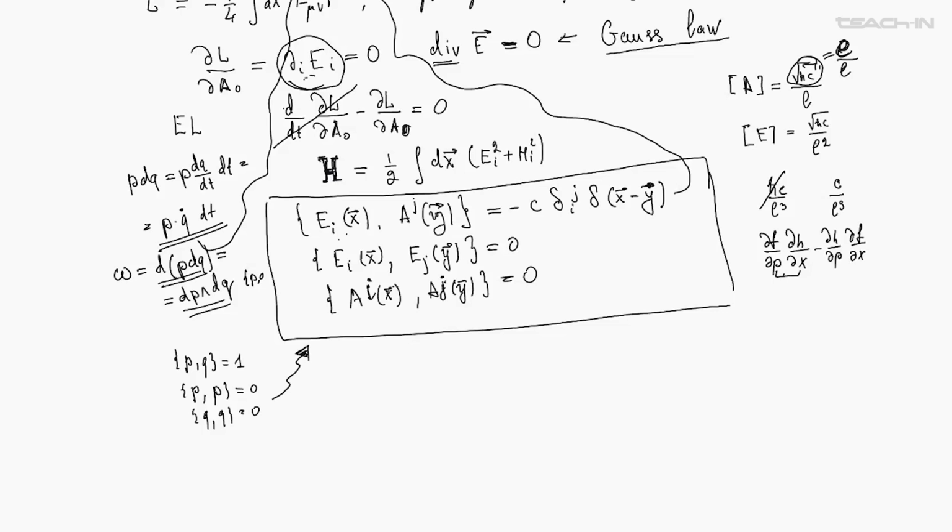What you can also do is lower this index j with A and also write this bracket in the form: the bracket of E_i(x) and A_j(y) is equal to c delta_ij delta(x minus y). Like this.